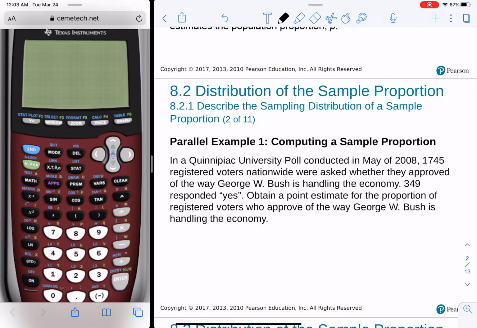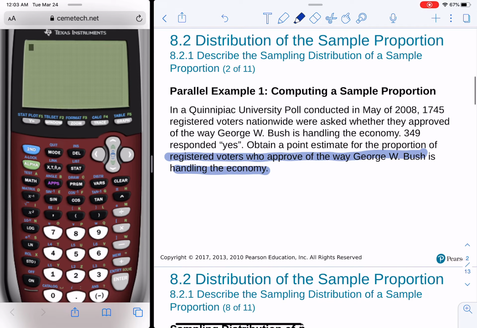So here the specific event is registered voters who approve of the way George W. Bush is handling the economy, and particularly that would mean that they responded yes.